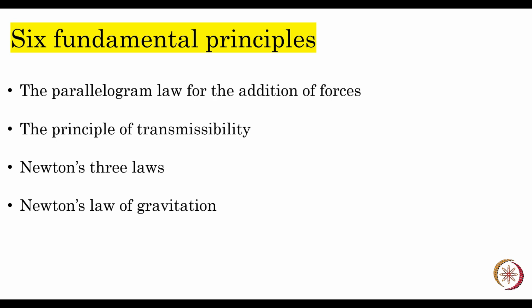Okay, in entire engineering mechanics, we will use six fundamental principles. The first principle is the parallelogram law of addition of forces, then the principle of transmissibility, Newton's three laws, and Newton's law of gravitation. Now people will ask, what is the principle of transmissibility?